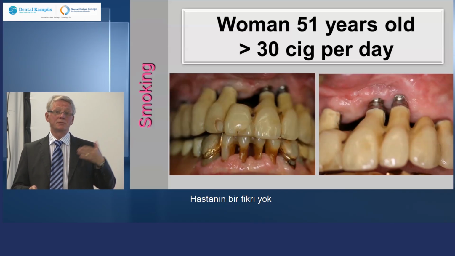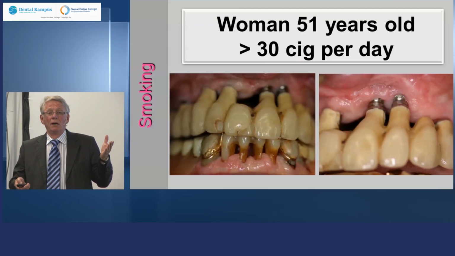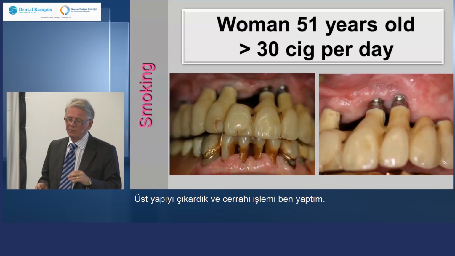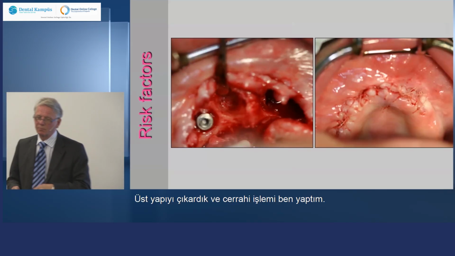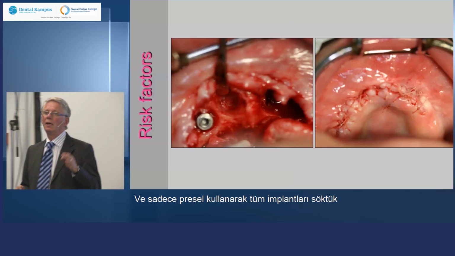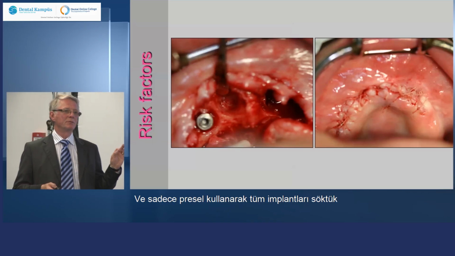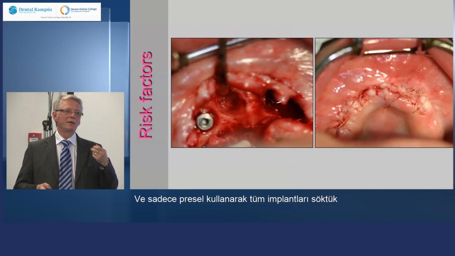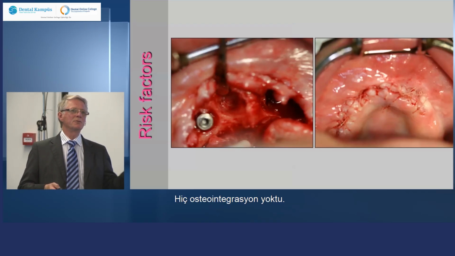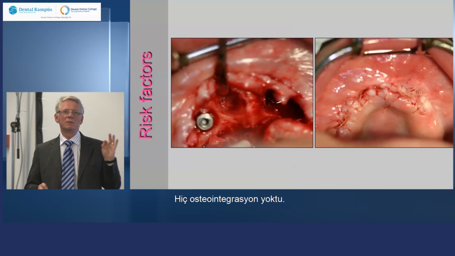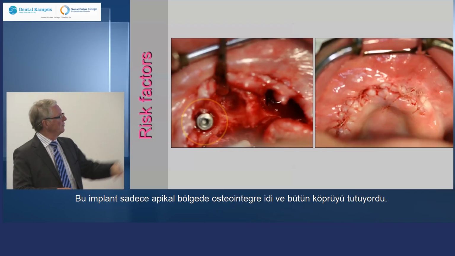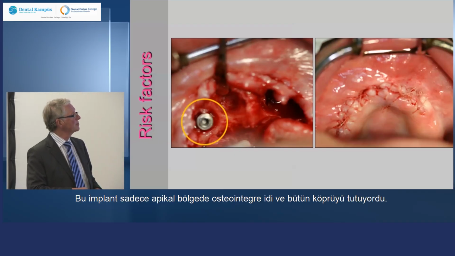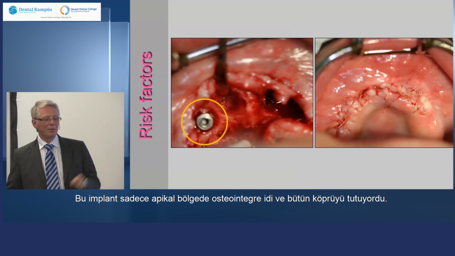The patient has no idea. We remove the superstructure, and I do the surgical procedure, and we remove all implants just by using pliers. There is no osseointegration at all. So it's so easy. This one was the only one that had some osseointegration in the far apical part.